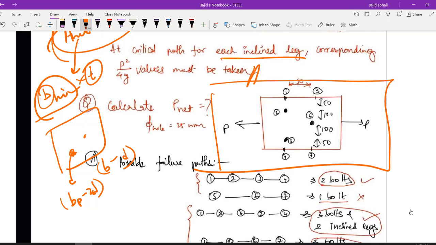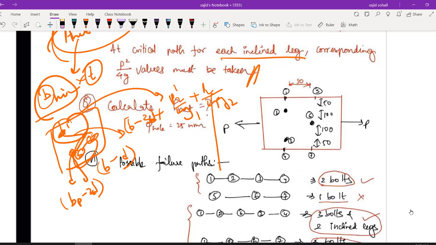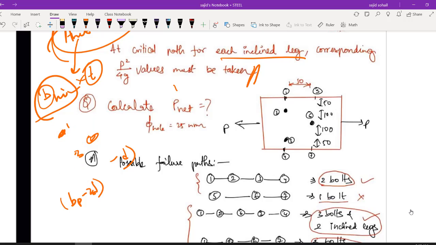If you are considering something like this, then it will be b minus 3d, because 3 holes are involved. 1, 2, 3, b minus 3d plus, you know what to do. For the first leg you have to add p1 square by 4g. For the second leg you have to add p2 square by 4g, right? So ऐसा करके हम 4 देख लेंगे values. Whatever value is minimum, that will be my critical path. That's it. It is very clear, right?